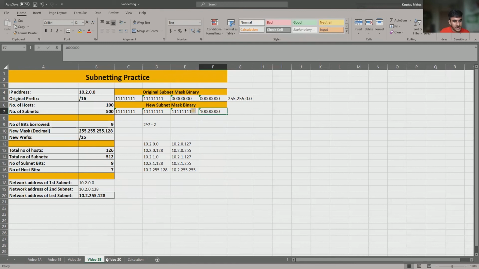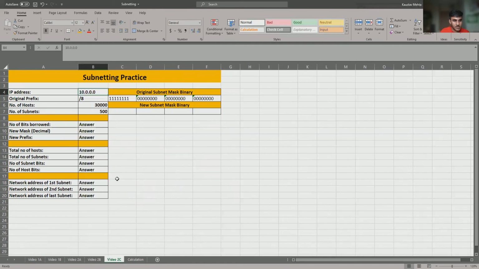And now coming to the third and final problem, which is probably the hardest because we have reached over 30,000 in number of hosts. In this one, we've been given an original prefix of /8. Number of subnets remains the same, we need 500, and number of hosts this time has increased because our prefix has decreased. The first one will always be all ones.